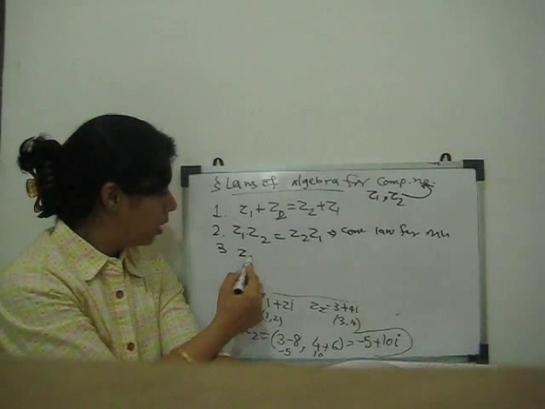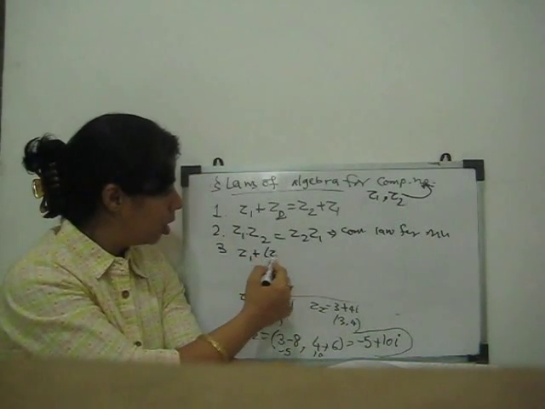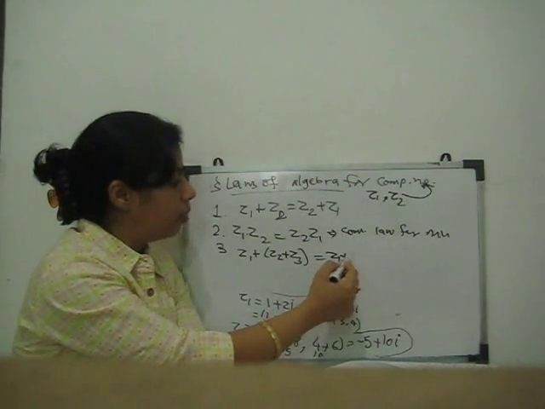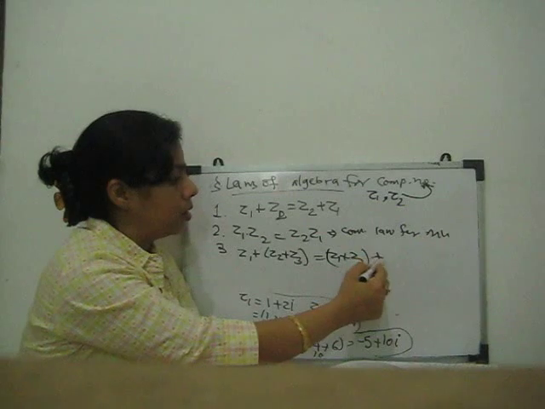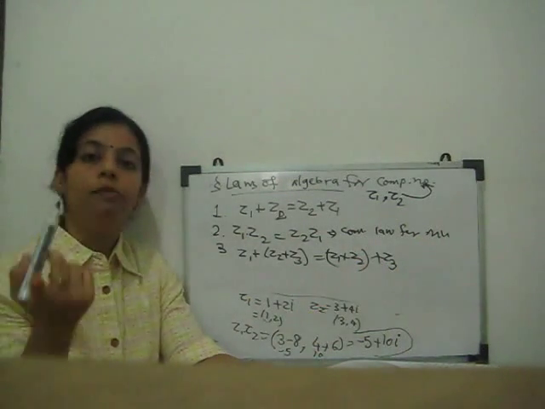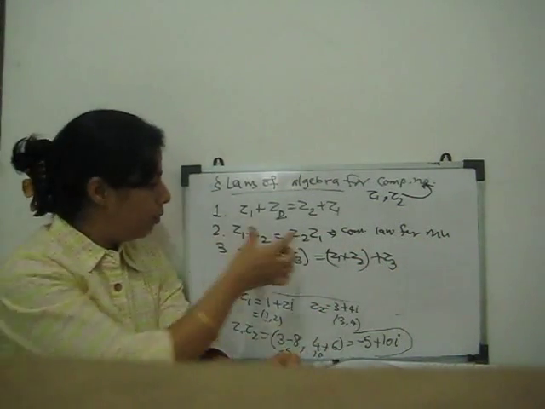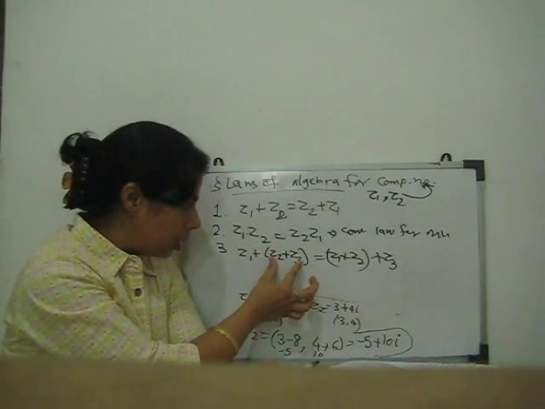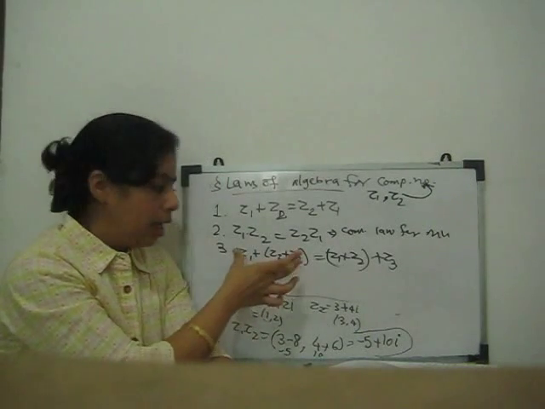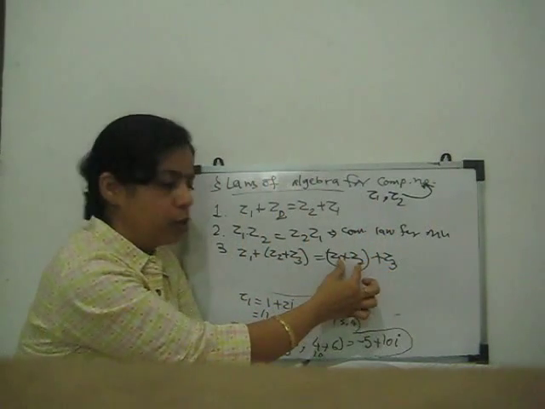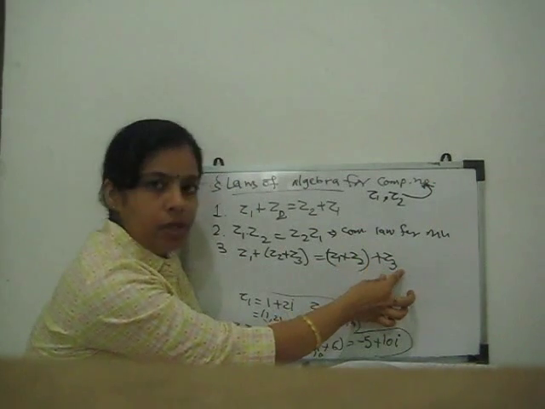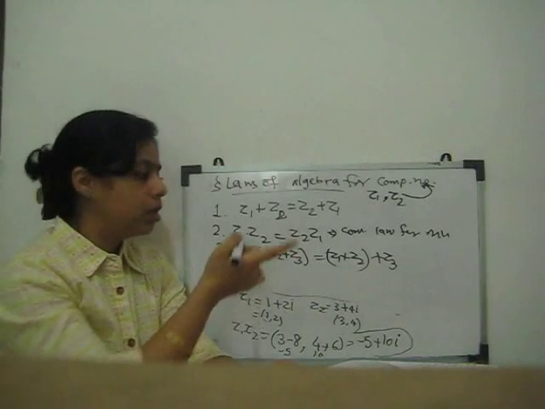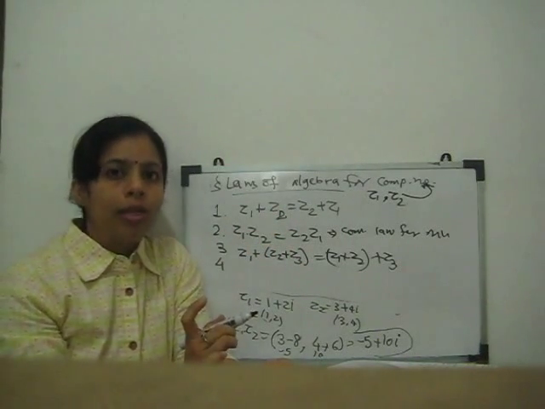The third one is the associative property. Associative property is what? (z1 plus z2) plus z3 is equal to z1 plus (z2 plus z3). Associative law for addition. What it means is, if we have these three complex numbers, first we add these two and then add the result with this number, it is the same as first adding the last two numbers and adding the result with the first. Similarly, in the multiplication case, the associative law also follows the same.